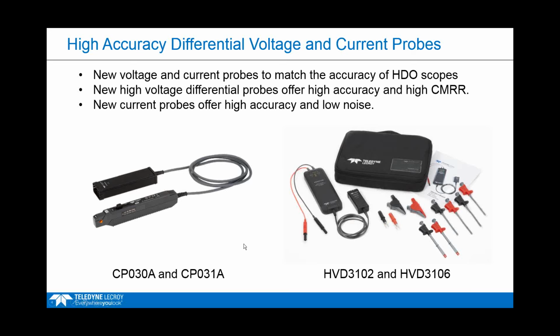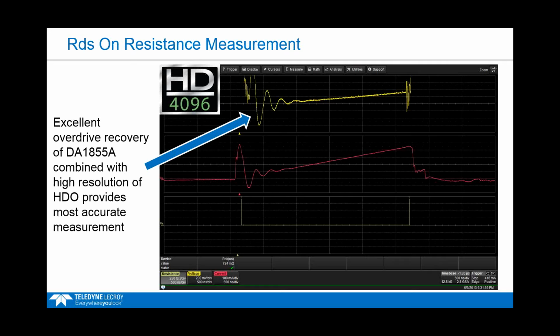And on the left we have our new CP030A and 31A current probes, and these are going to give you, again, a higher accuracy, a higher sensitivity measurement with the current probe here. Of course, you have the option of using the DA1855A along with the HDO scopes, and that's really going to give you the best result for this measurement.